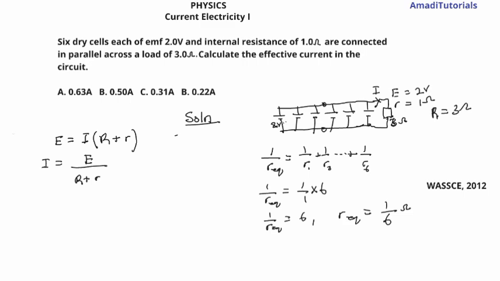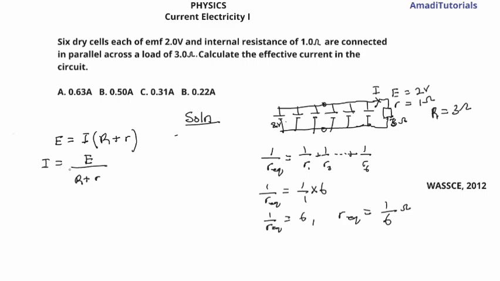No. When cells are connected in parallel, the equivalent EMF is the same as each of the cells. So the equivalent EMF of this cell is still 2. If they were connected in series, that's when we would add them, and that would have given us 12 volts. But this is a parallel connection, so the equivalent EMF is 2.